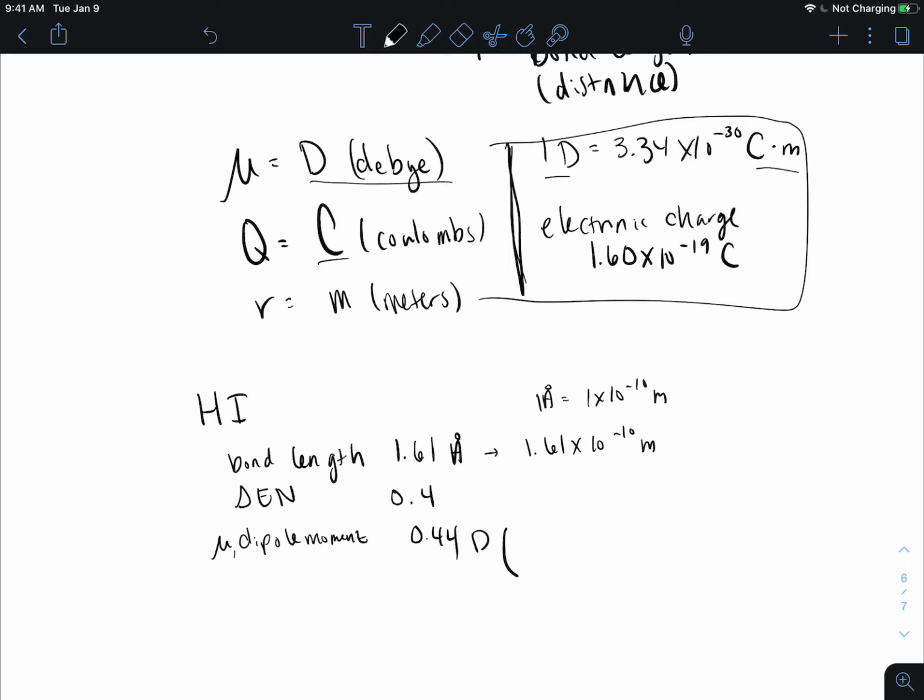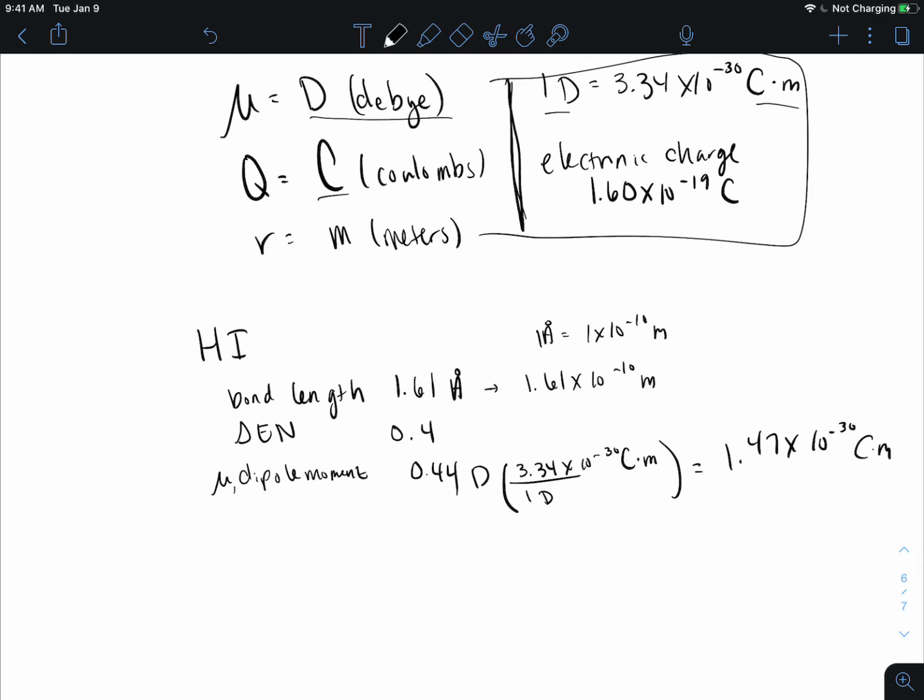So we're going to take that 1 debye is equal to 3.34 times 10 to the negative 30 coulombs times meters. And what we get is 1.47 times 10 to the negative 30 coulombs times meters. And then it can all be placed into this equation.